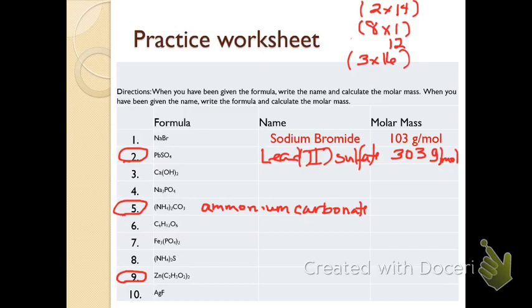Press the equal sign, and I get 96, and it's only one molecule, so that is 96 grams per mole. Okay? All right, you ready for the big one?